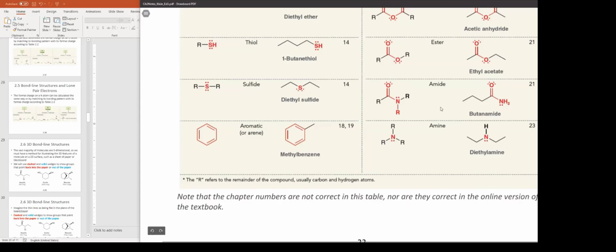Amine and amide, what's the difference? An amide is like an amine, except next door is a carbon-oxygen double bond. Okay? That makes the reaction different. The way they react, the way they behave.